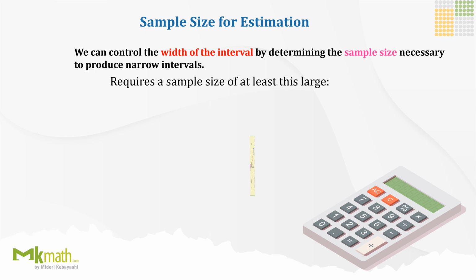Here is the sample size formula we are going to use. In order to have the desired confidence intervals, we can decide the sample size. This n value must be the whole number because it is a number of items or people. So the fractional part must be rounded to 1 as well.